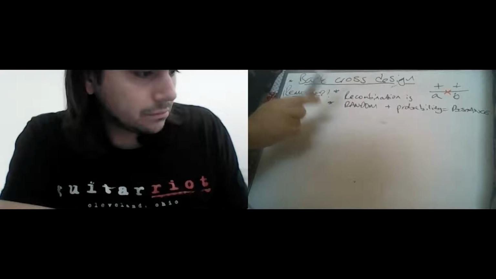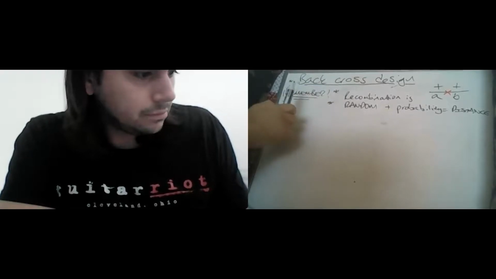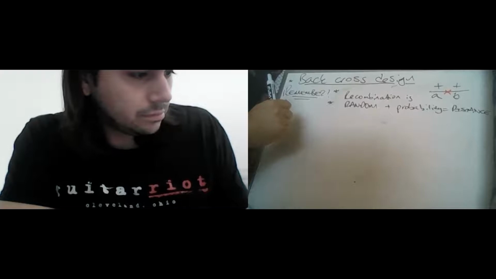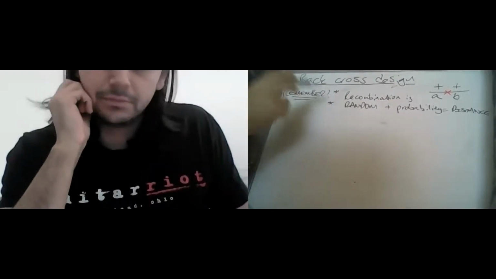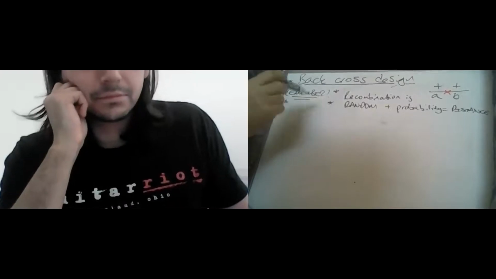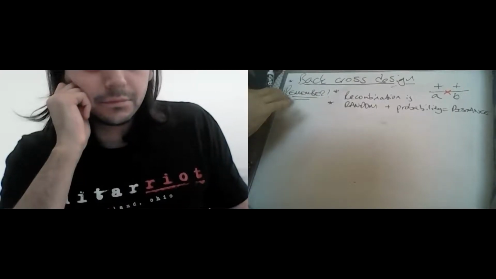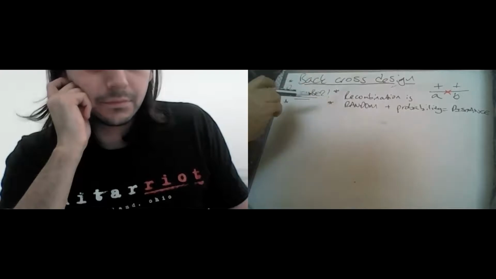It's all about probability equals distance. The smaller the distance, the lower the probability recombination will occur. It doesn't hurt to bang this into you over and over, because once you get this, the rest of it is easy.